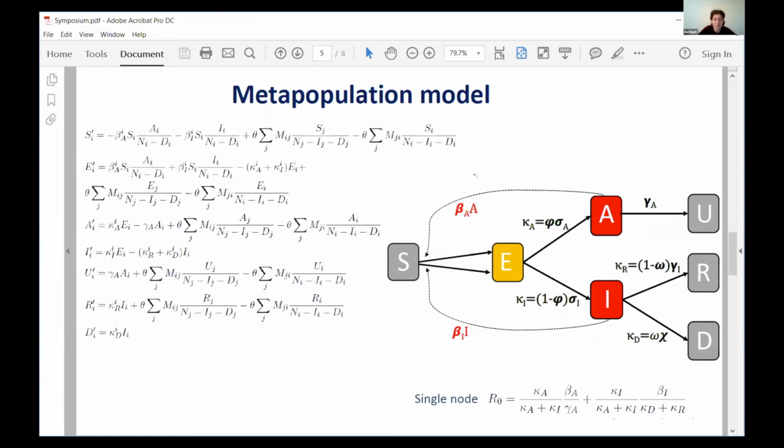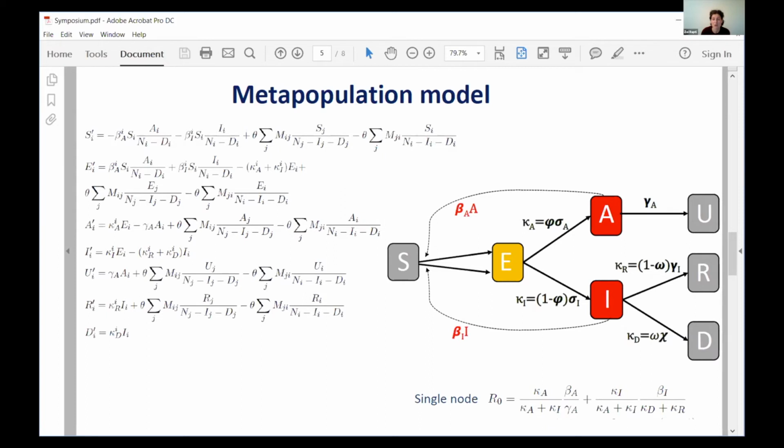Since this is a metapopulation model, that takes care of the links, how we're linking our metapopulations. The next step is, of course, to define the model for each node. I show here a cartoon of the single node model that we're using. We have susceptibles, they move into the exposed class after contact with either asymptomatically infectious hosts or symptomatically infectious hosts. And then they progress to the corresponding compartments.